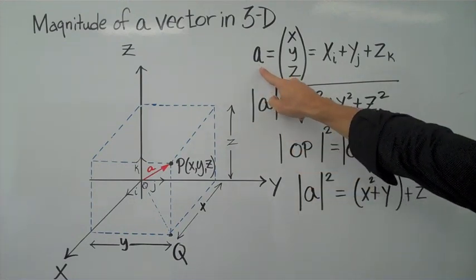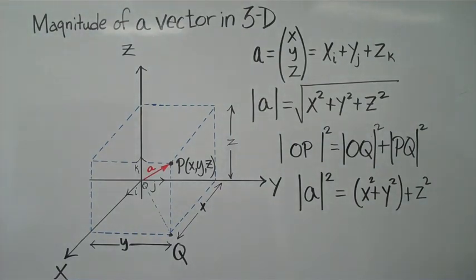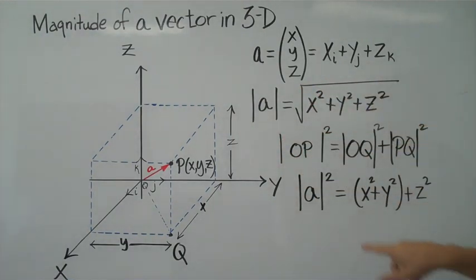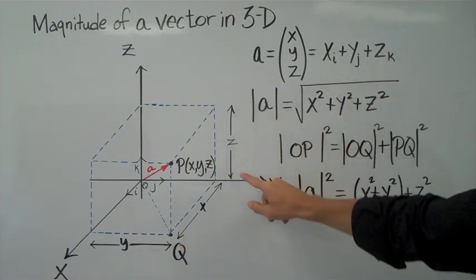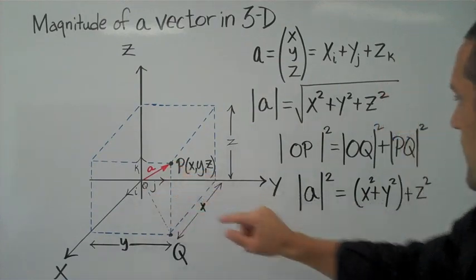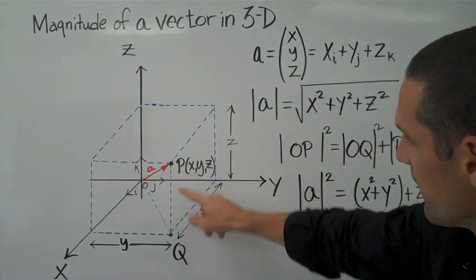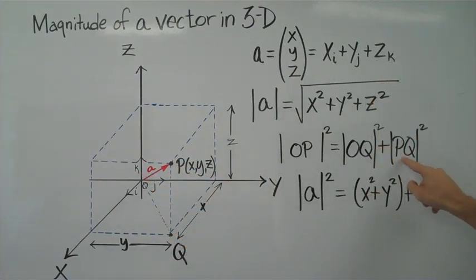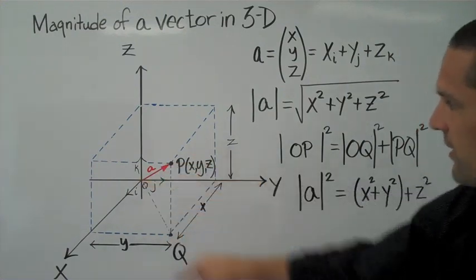Well, the magnitude of a, if vector a is (x, y, z), which is xi plus yj plus zk, then the magnitude of a is simply the square root of the x component squared plus the y component squared plus the z component squared. Why does that work? Let's take a look at OP. OP squared is equal to, well, look at this triangle. I'm just looking at this triangle here, with OQ and PQ.